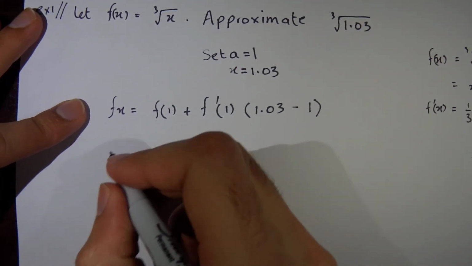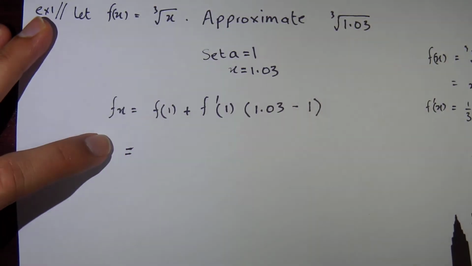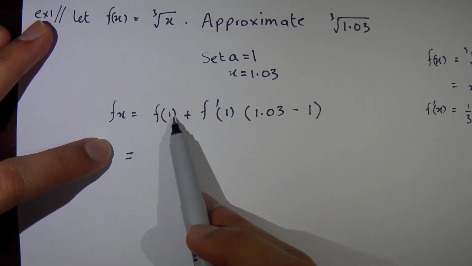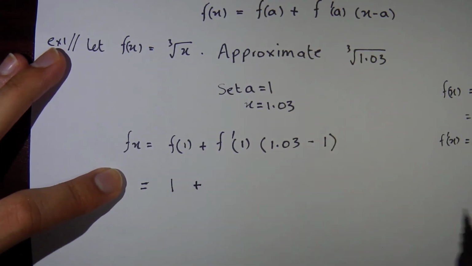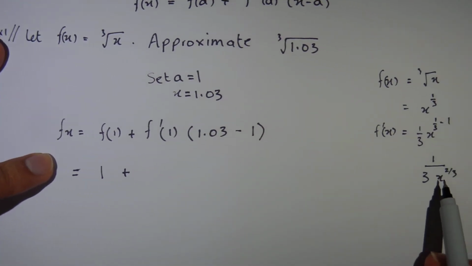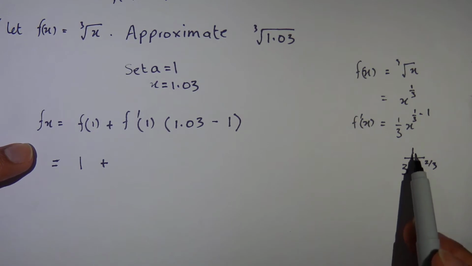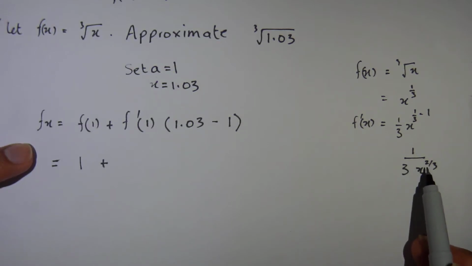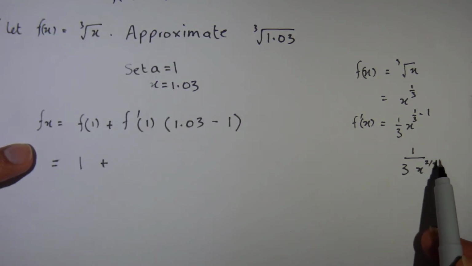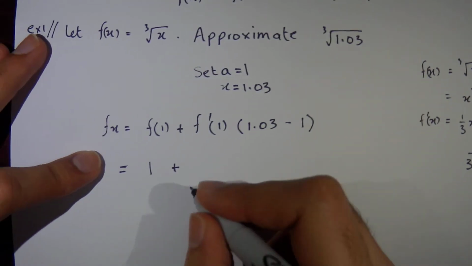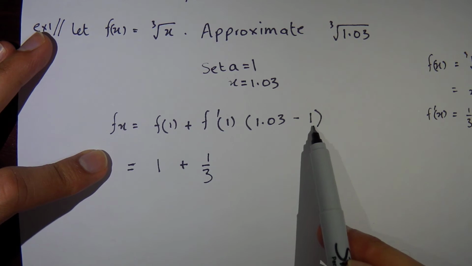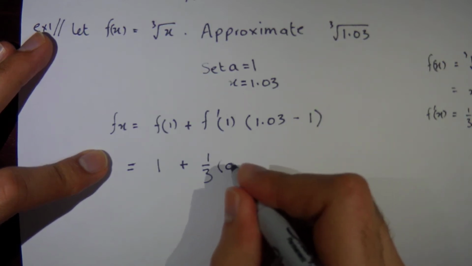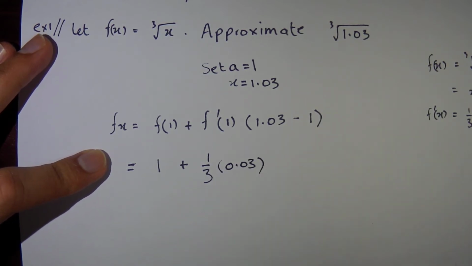So if we go ahead with our formula now, f at 1, we know when x is equal to 1, we'll get 1, plus f prime at 1. So if we plug 1 into this f prime here, we'll get 1 over 3 times 1 to the power, which becomes insignificant since the base is 1. So we're left with 1 over 3. And then x minus a would leave us with 0.03.